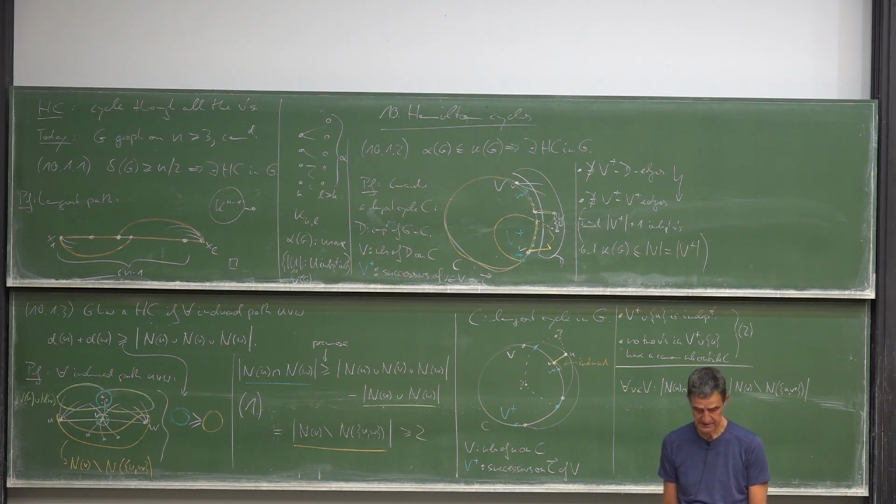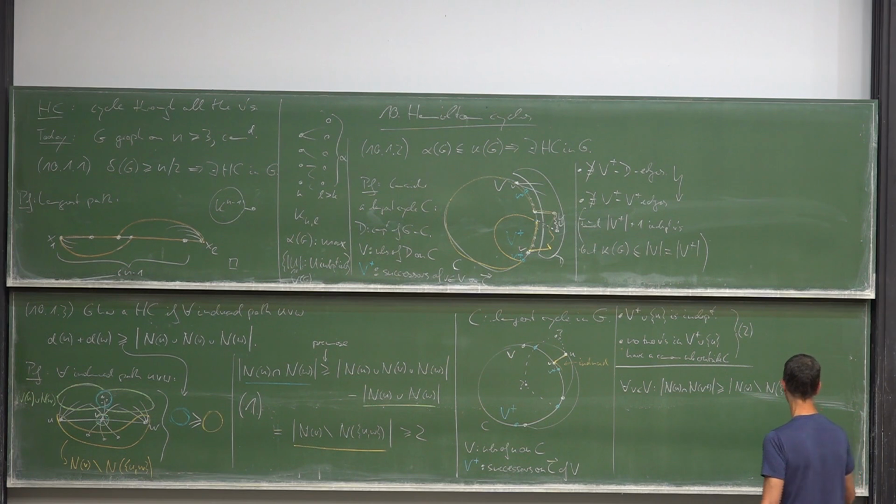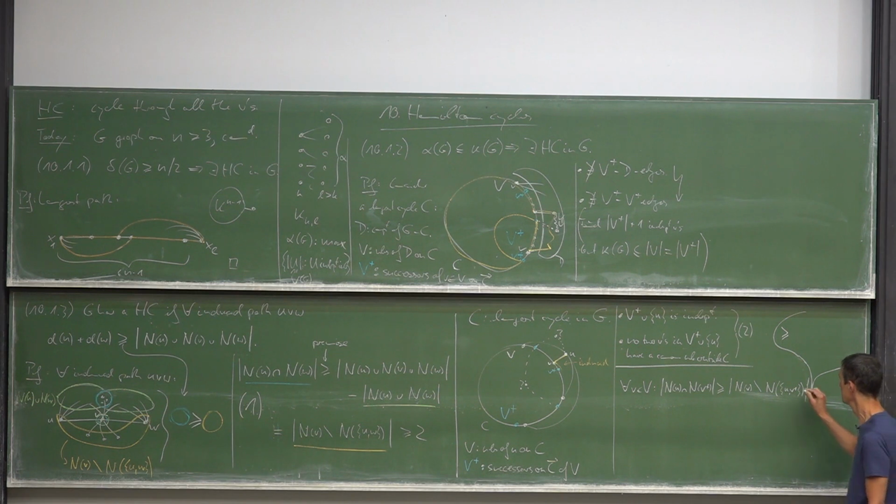Right. Now, let's look at these vertices in here. Any vertex that is a neighbor of u or this particular v plus here, any such thing is not in v plus.